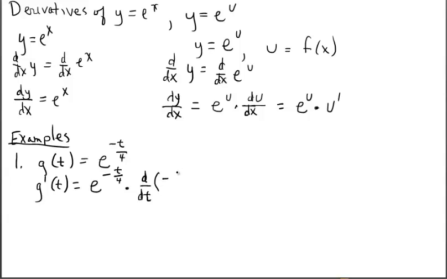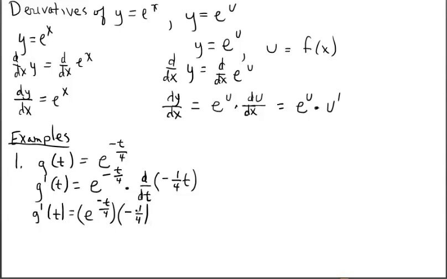I'm going to get it ready for differentiation by pulling the 1/4 multiplier out in front. So the outside function, I have identified it as an exponential. I know the derivative will be itself, and then times the derivative of the inside function. The derivative here is going to be -1/4.